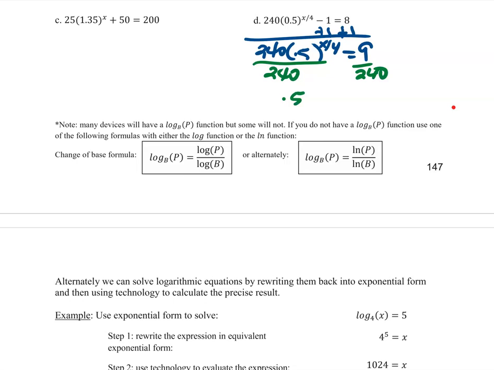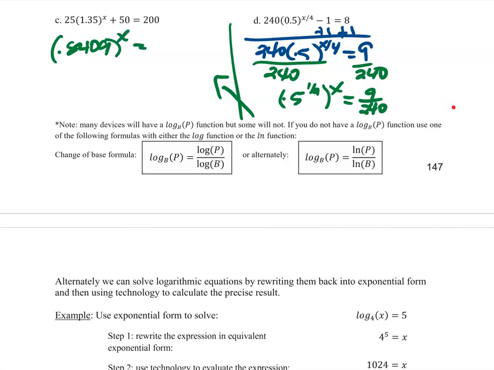You can rewrite this as 0.5 to the power of 1/4 raised to x is equal to 9 over 240. 0.5 raised to 1/4 is like 0.84089, or 0.8409, to the power of x, and 9 over 240 is 0.0375. So now we write this into log form.